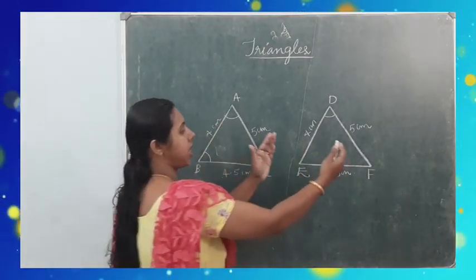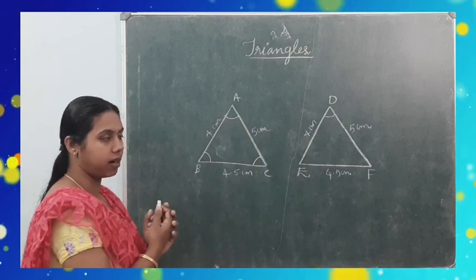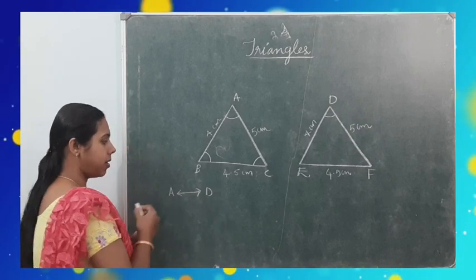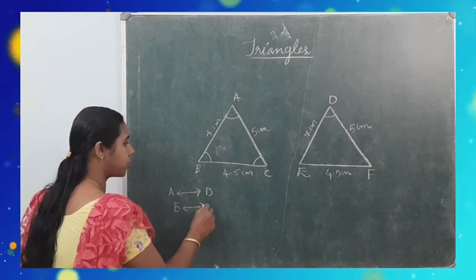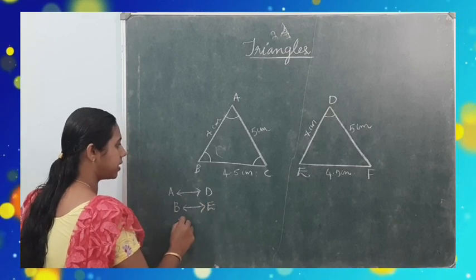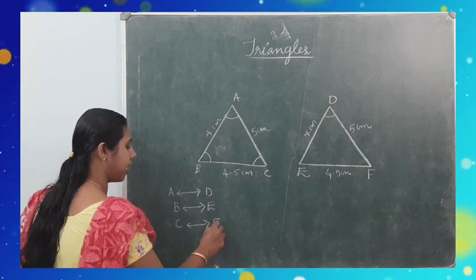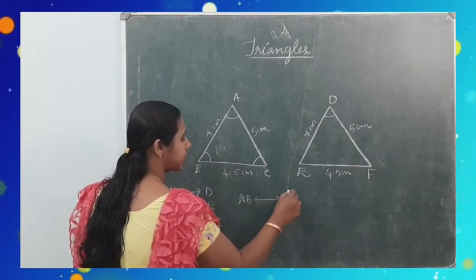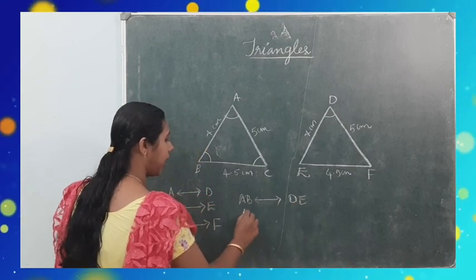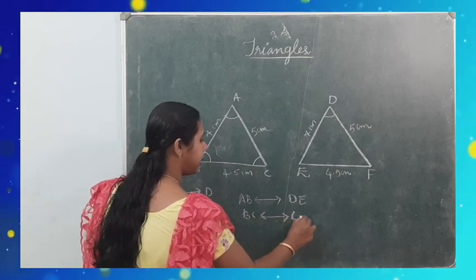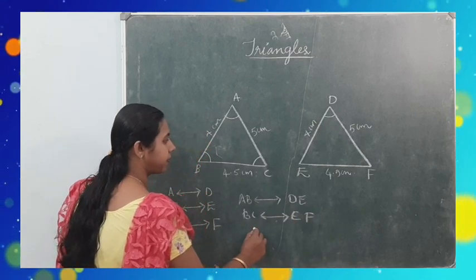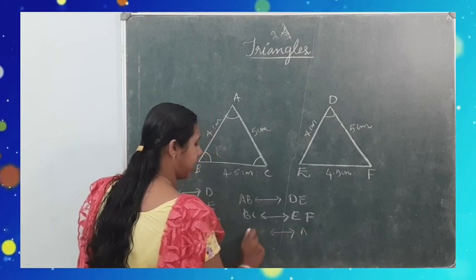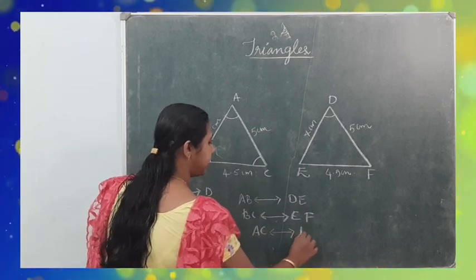So when you take this triangle and keep it on top of the other, we can say that vertex A corresponds to vertex D, vertex B corresponds to vertex E, and vertex C corresponds to vertex F. In the same way, side AB corresponds to side DE, BC corresponds to side EF, and AC corresponds to DF.